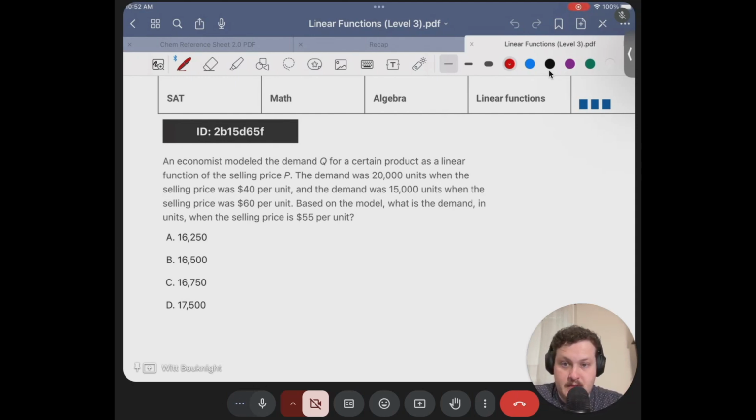Economists modeled demand q for a certain product as a linear function with selling price p. So q of p.